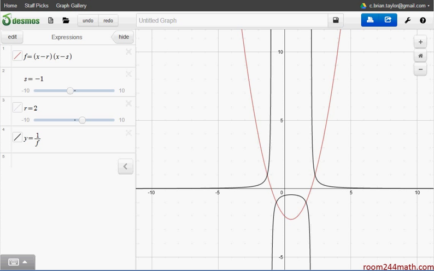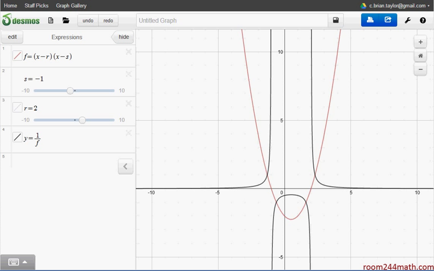And then as you're moving right, the quadratic in red is getting closer and closer to 0, and the reciprocal starts to get bigger and bigger. And then as you get close to an x value of -1, where the quadratic approaches 0, the reciprocal function blows up and heads up towards positive infinity. And we have a vertical asymptote at x equal to -1.